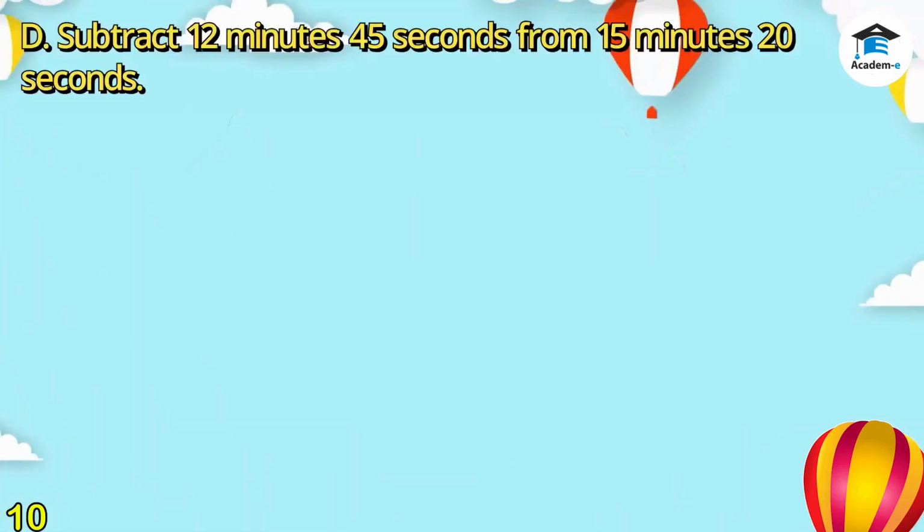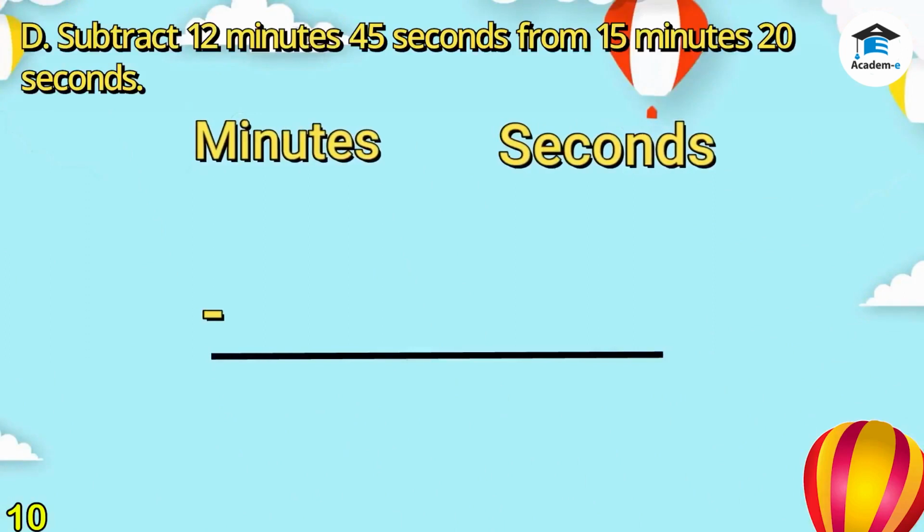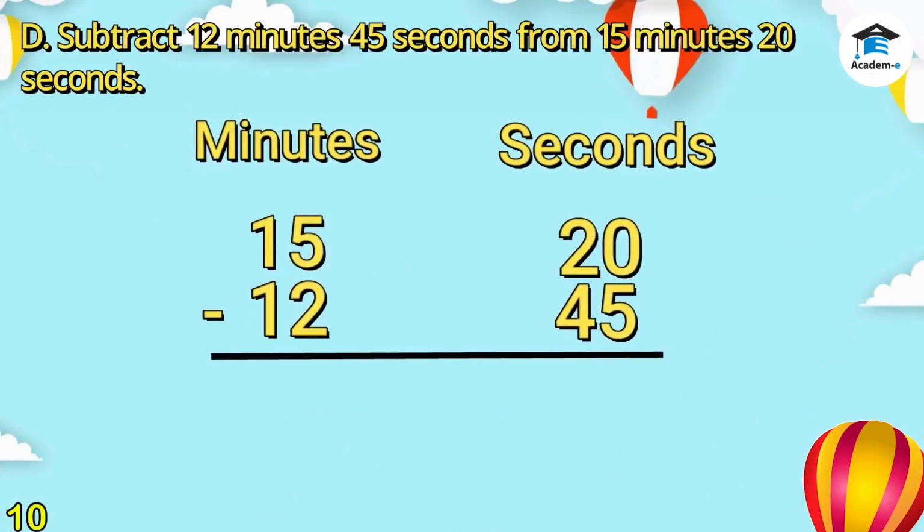Example D: subtract 12 minutes 45 seconds from 15 minutes 20 seconds. To solve, subtract first the seconds. Since we cannot subtract 45 from 20, we borrow 1 minute. And 1 minute is equal to 60 seconds, so 20 plus 60 is 80 seconds.